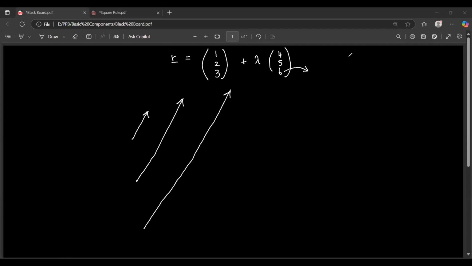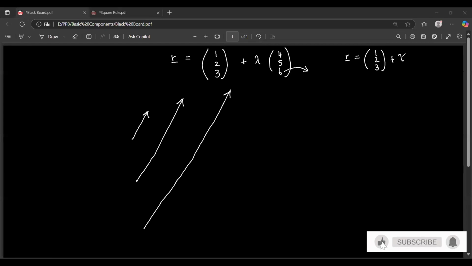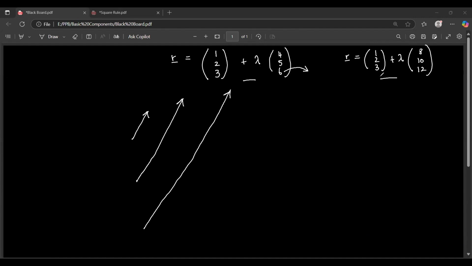Okay, so in this example, we can say r is equal to (1, 2, 3) plus lambda into (8, 10, 12). It doesn't matter. These two are the same line. Both are the same lines. Okay, you can also change both of them. You can change the point value.